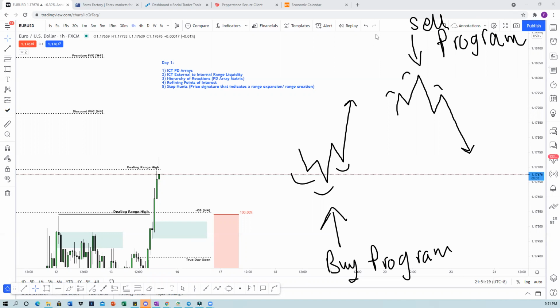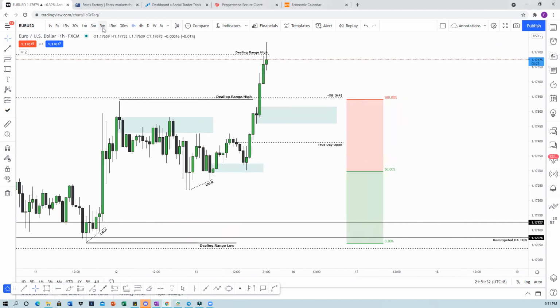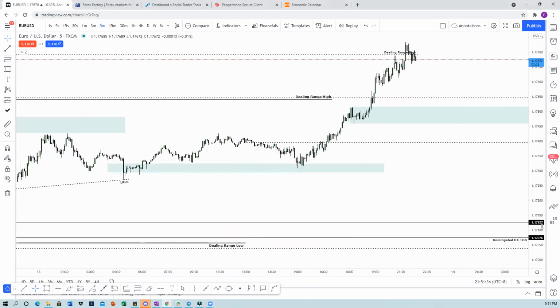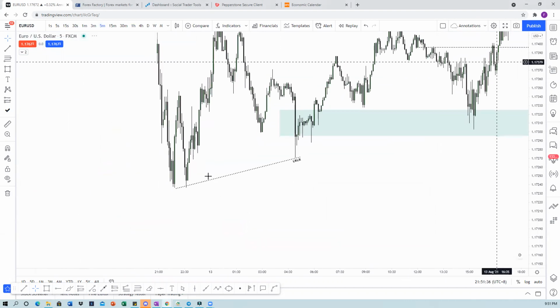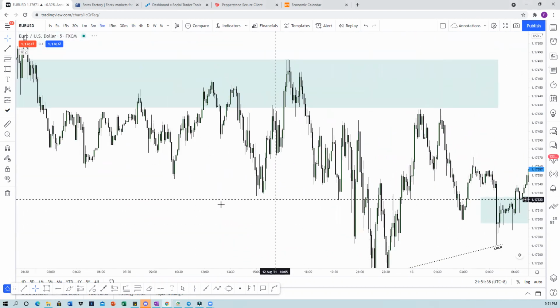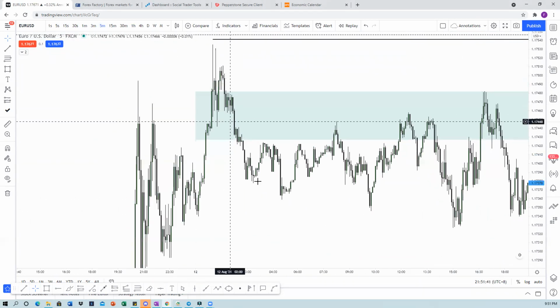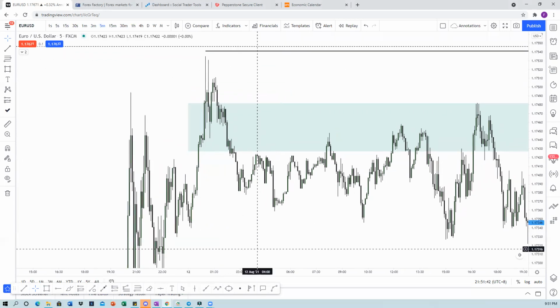Because if you look at this on the 5, and if you look at every range expansion over here, starting from this portion here, we can see that we have a swing high, a swing high, a swing high, and then we broke here. We broke over here, right?